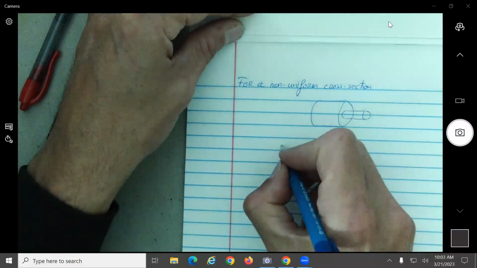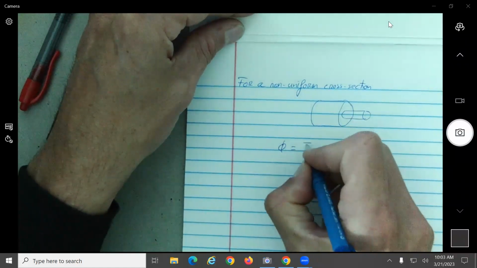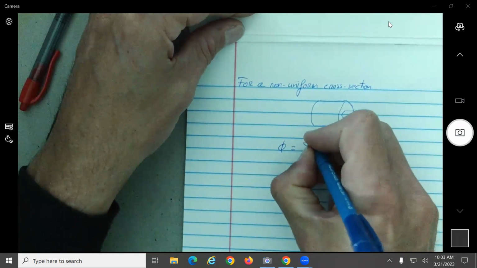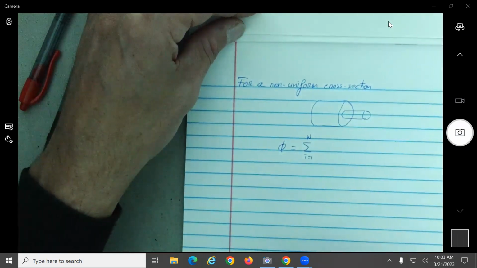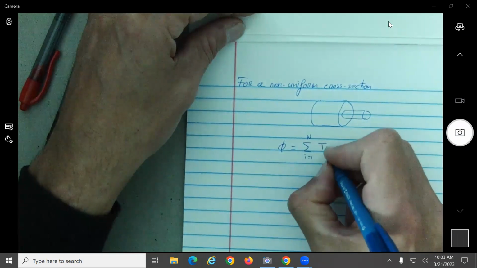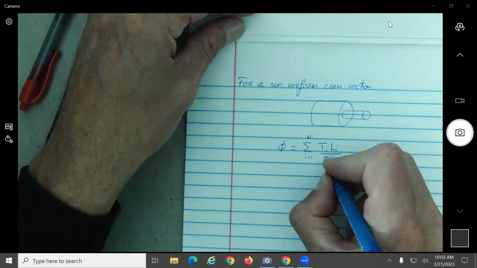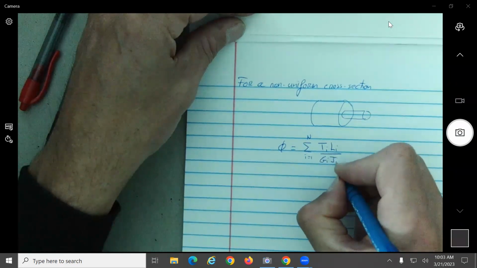So in that case, the angle of twist is the summation, from i equals 1 to n, of T sub i, L sub i over G J. This can be different materials, and so on.